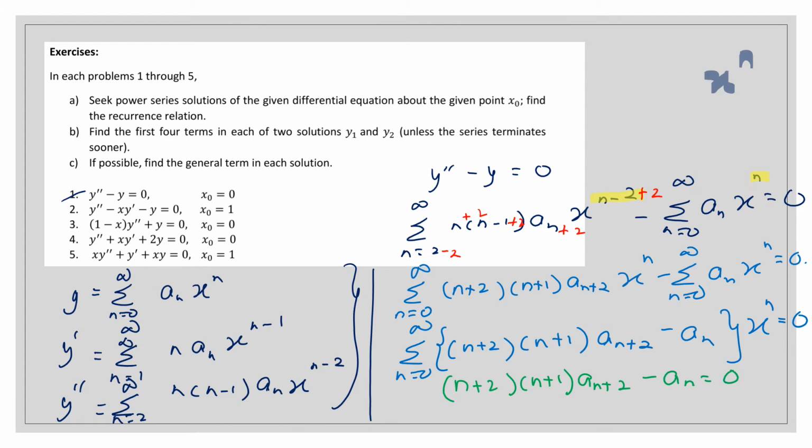So our recurrence relation is an plus 2 equal to an over n plus 2, n plus 1, and n is greater than or equal to 0. So this one is our recurrence relation.